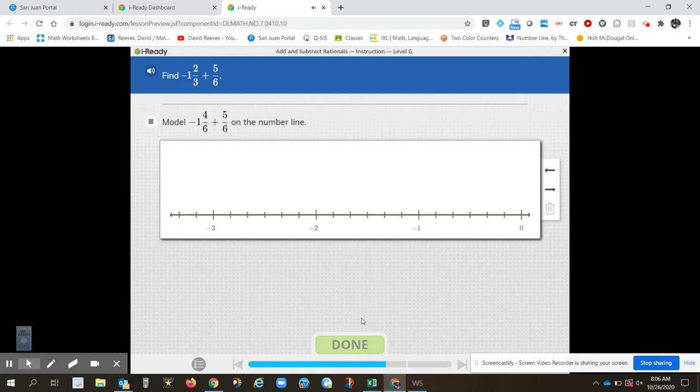So they want us to do this again, negative 1. Again, now they've got sixths on here, though, right? So here we go. Negative 1 and 4/6. All right, so negative 1, and there's 4/6, right? 1/6, 2/6, 3/6, 4/6. Negative 1 and 4/6 plus 1, 2, 3, 4, 5.